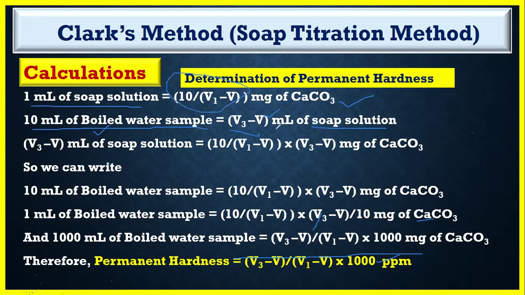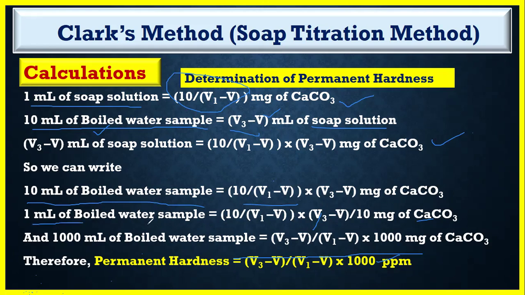So the 10 ml of boiled water sample is equal to 10 divided by (V1 minus V) multiplied by (V3 minus V) milligram of calcium carbonate equivalents.